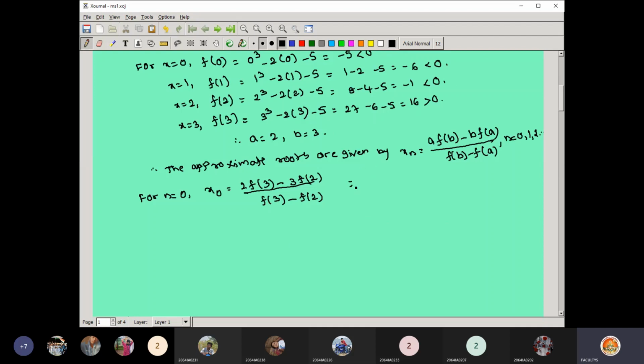So 2 into, what is f of 3? Already we have calculated f of 3 value, that is 16, minus 3 into f of 2, its value is minus 1. We already calculated that value, divided by f of 3 means 16 minus f of 2, it is minus 1.